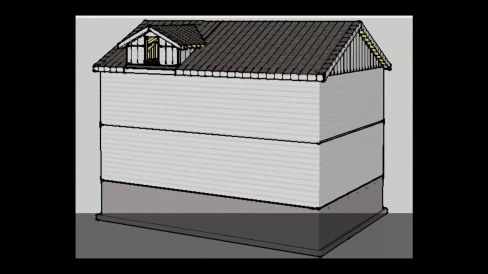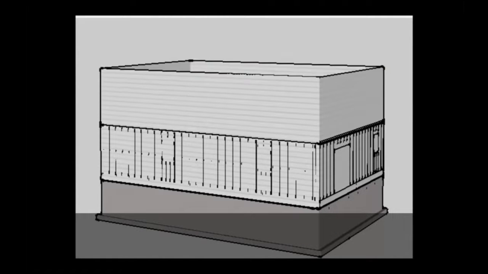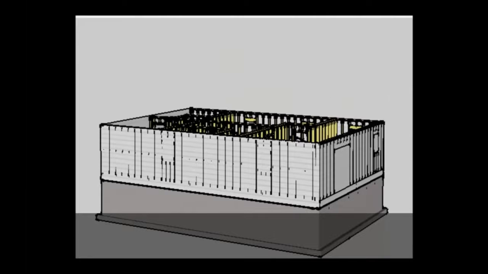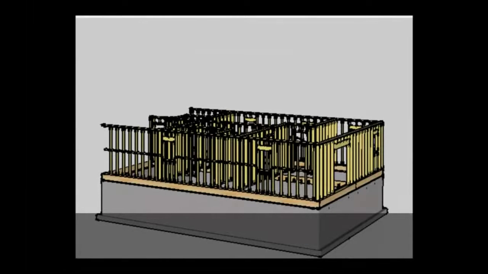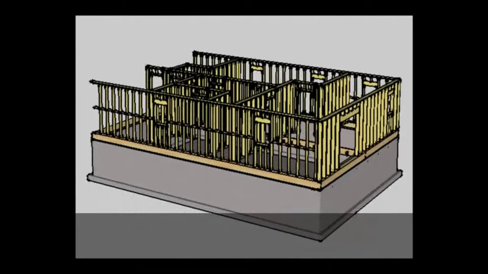So you can imagine how this type of system makes the method rather adaptable to different building types, particularly multi-level and single-story structures.